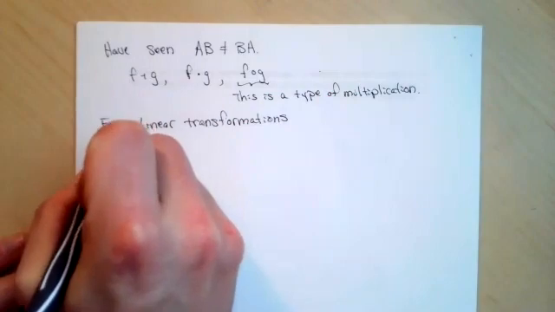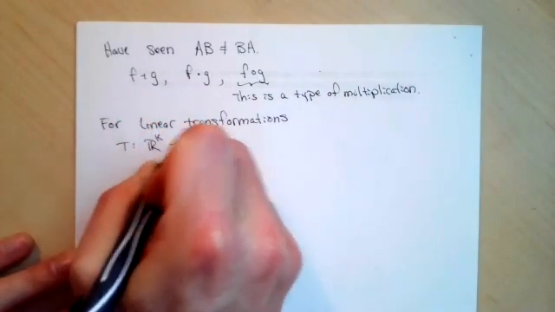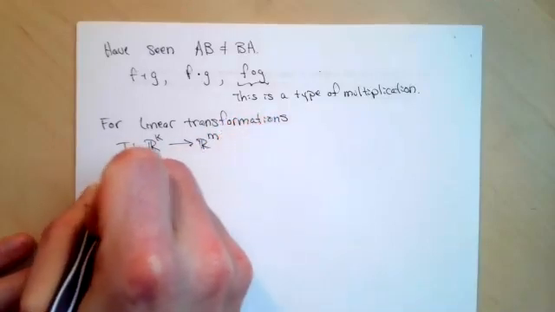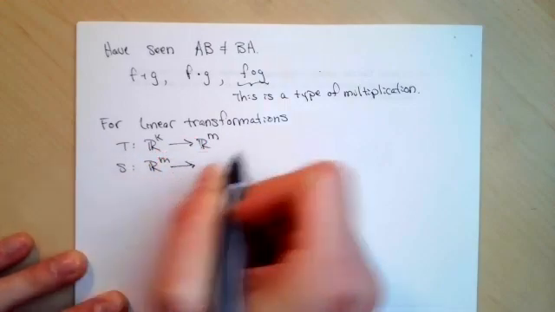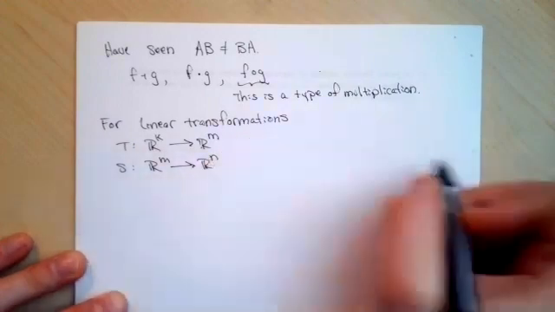So let's say we have T going from R^k to R^m, and then we have S going from R^m to R^n.